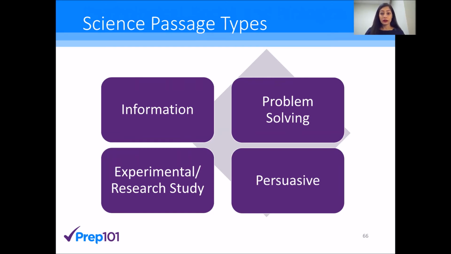Okay. The next are the experimental or the research study passage. Now, with the change in the 2015 version of the MCAT, a lot of these passages are becoming more and more prominent, the experimental and the research study ones. And basically what these types of passages will do is they'll seek to understand whether you have sufficient knowledge of rationales, study designs, methods, results, and various experiments.